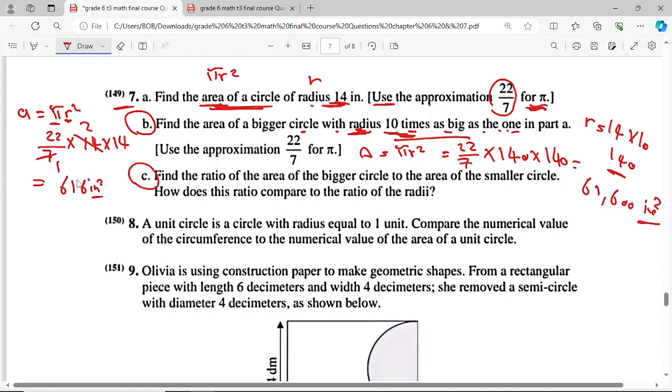Now question number C. Find the ratio of the area of the bigger circle. That means 61,600, this is the area of the bigger circle, divided by the area of the smaller circle, which is 616.